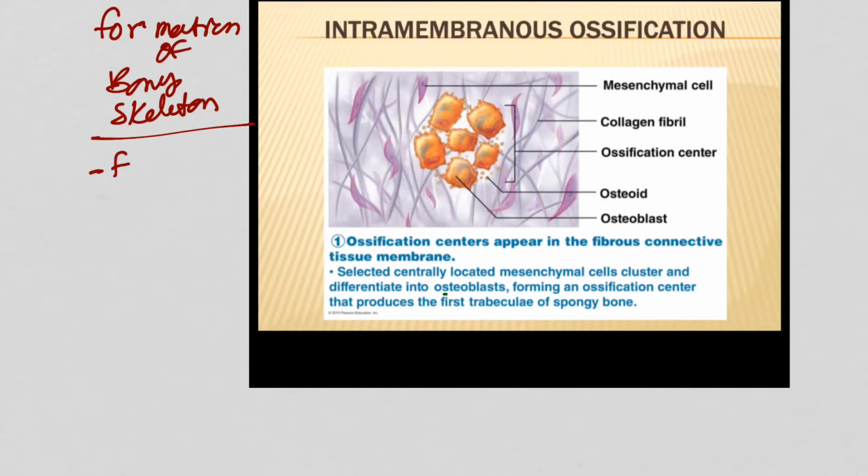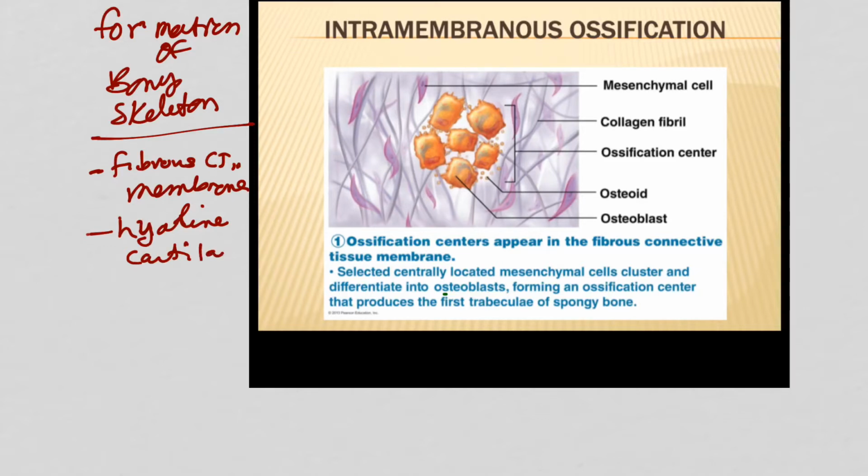It's either going to be made up of fibrous connective tissue membrane, or it's going to be made up of hyaline cartilage. And during this process that begins around 8 weeks in utero, you're going to be converting the fibrous connective tissue membrane into bone, or you're going to be converting the hyaline cartilage into bone.